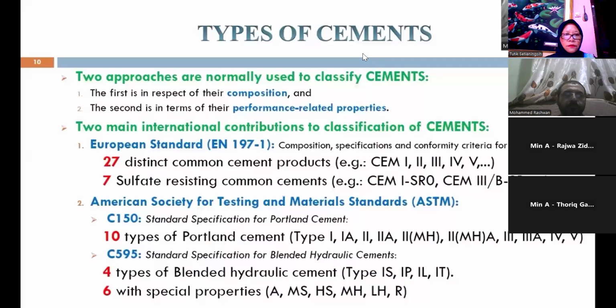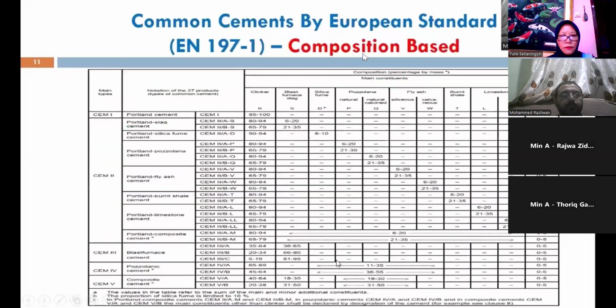Also, there are six types with special properties, like type IS(A), type IS(MS), type IP(HS), and so on.